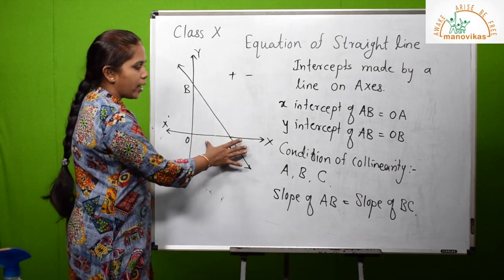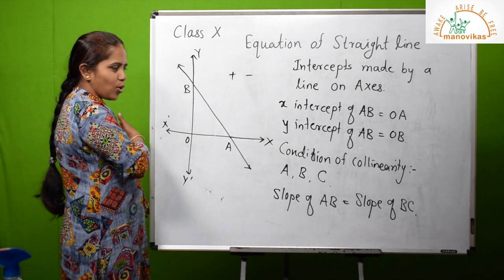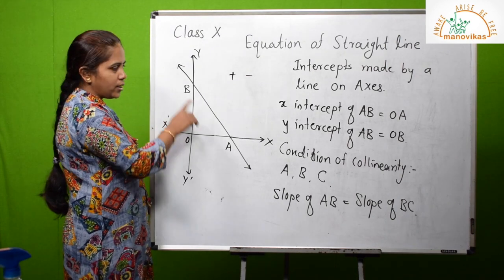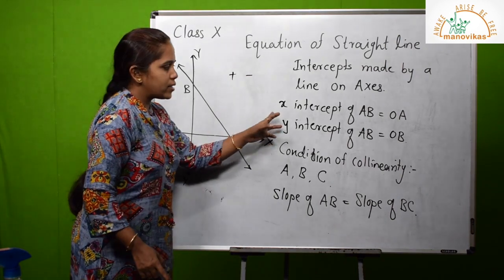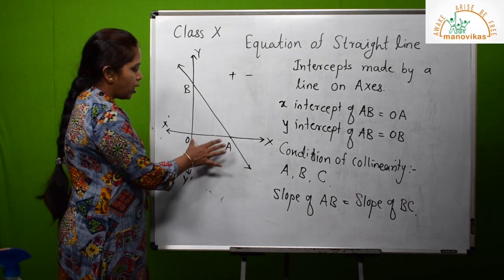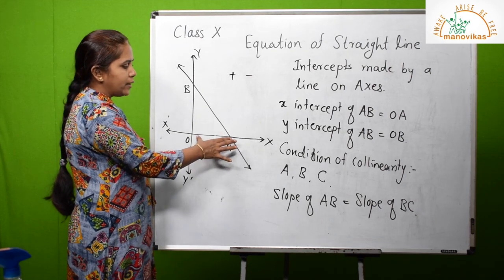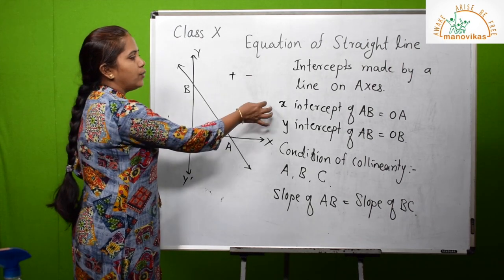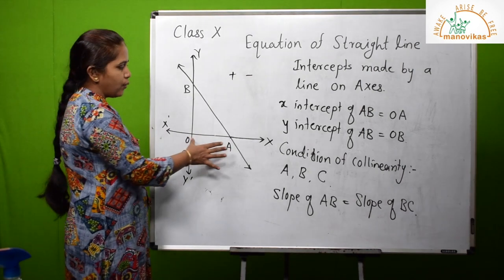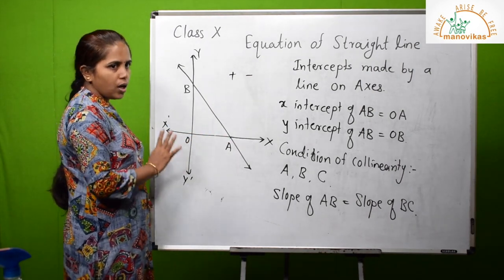Same way on RHS x coordinates are positive, on LHS x coordinates are negative. In that sense we have to take the x and y intercept sign too. Only here OA, this is the distance. OA, that distance we have to take, whether it is positive or negative, on x and y axis according to the point.